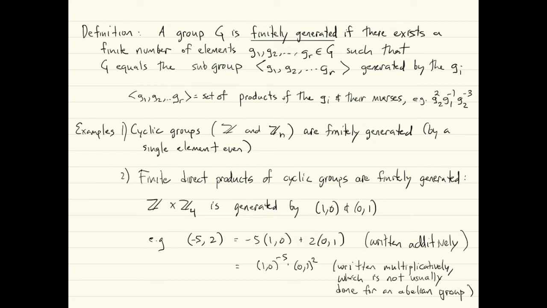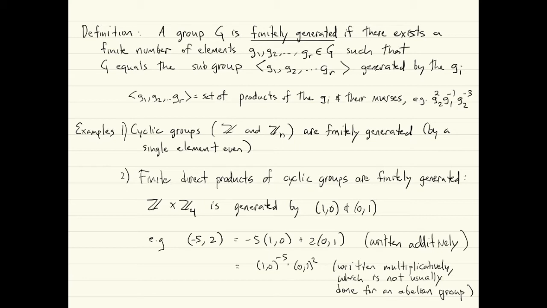This consists of ordered pairs, like (5, 2), where the first number, in this case 5, is an integer, and the second number is an integer between 0, 1, 2, and 3 inclusive, coming from an element in Z4. And I claim that this group is generated by (1, 0) and (0, 1). It can be generated by other elements as well, but at least it's generated by these two elements.